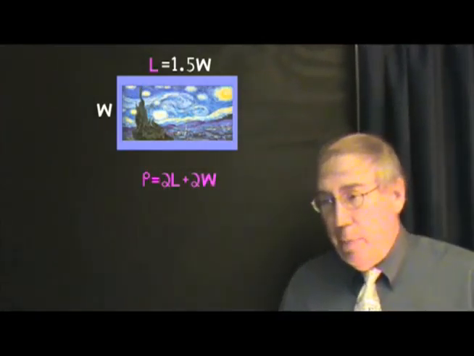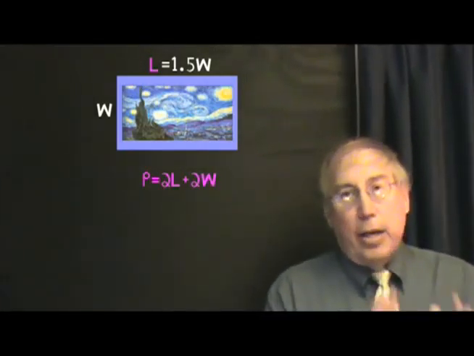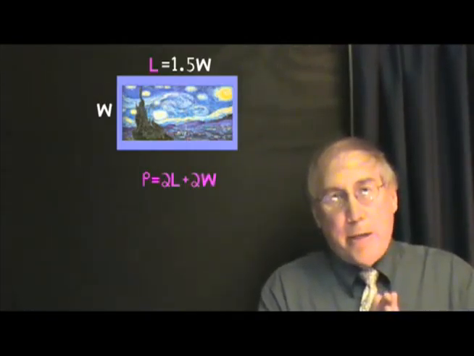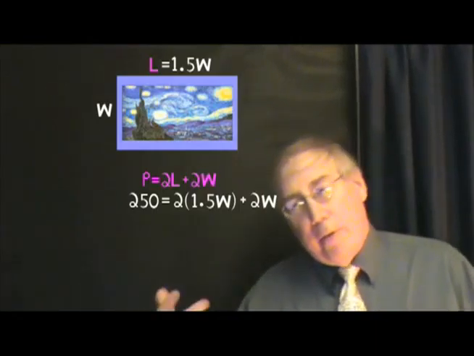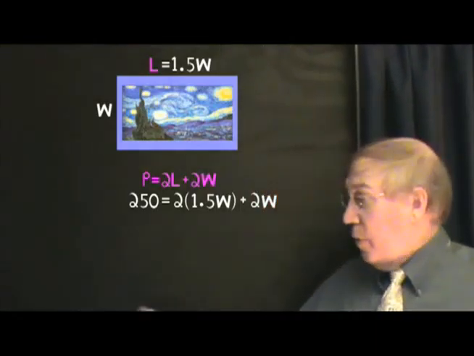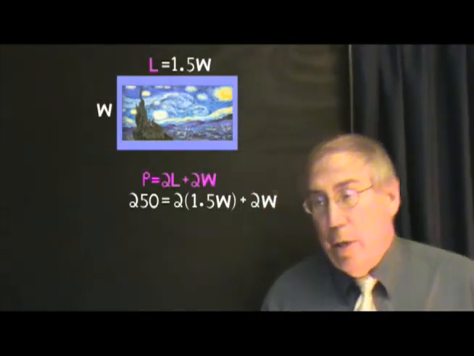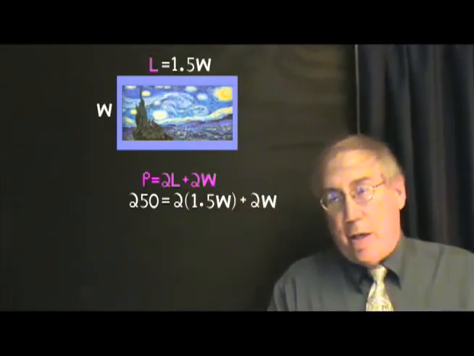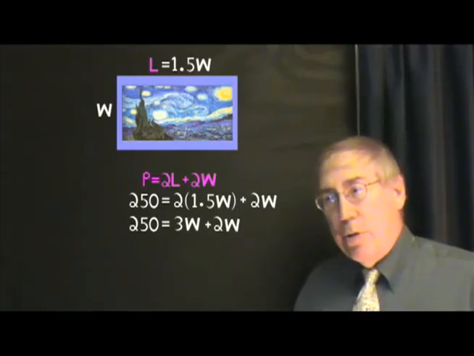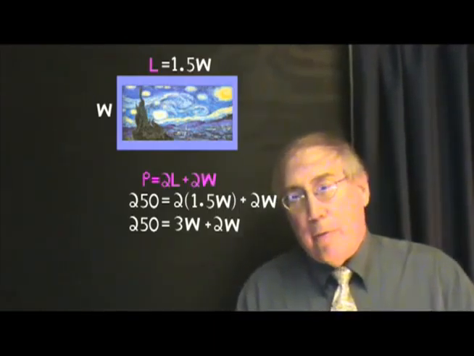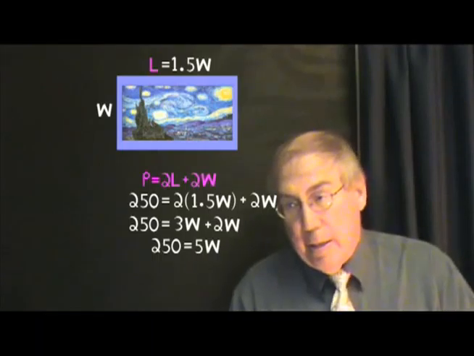Now here we have a picture frame, and let's say the width is represented by W and the length is represented by 1.5 times W. So if we follow this perimeter formula here, we say that there's 250 centimeters all the way around. We get 250 equals 2 times the quantity 1.5W plus 2W.